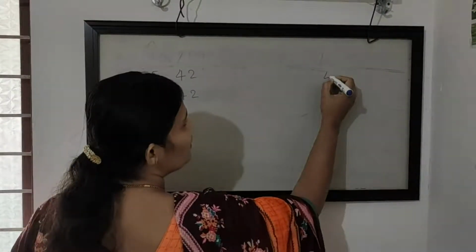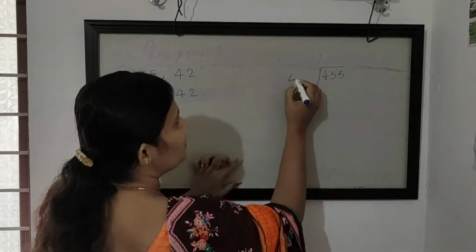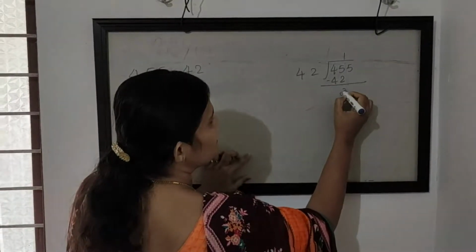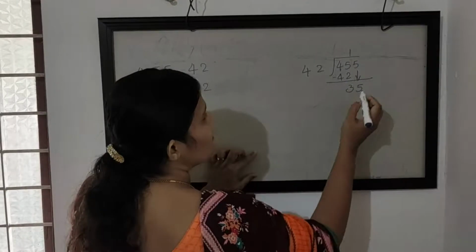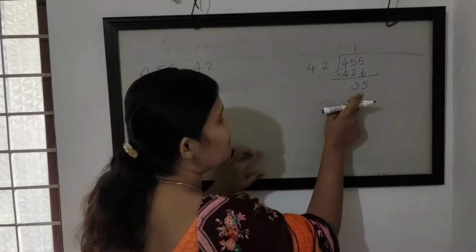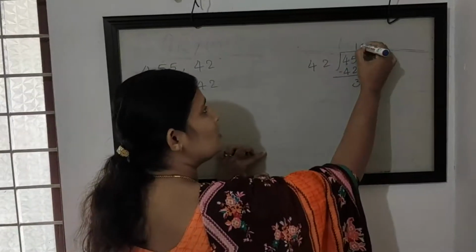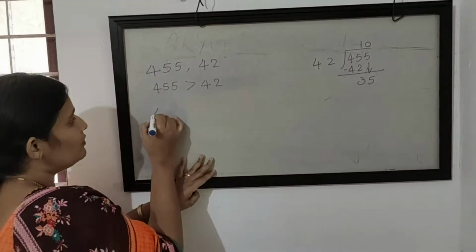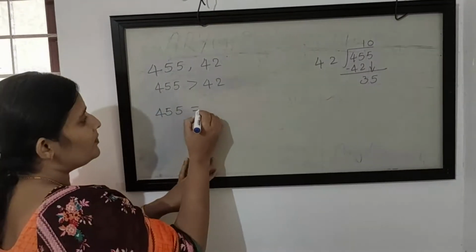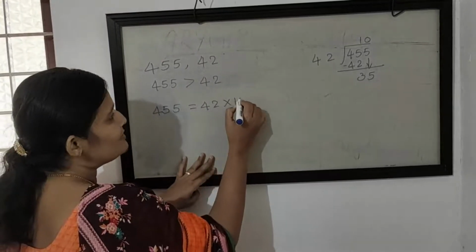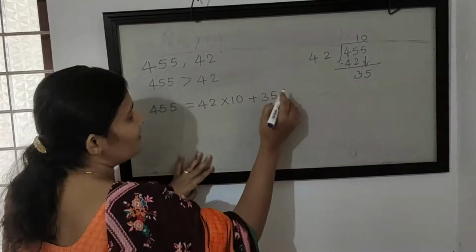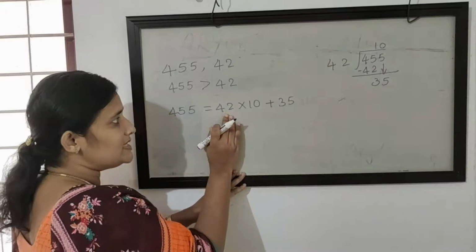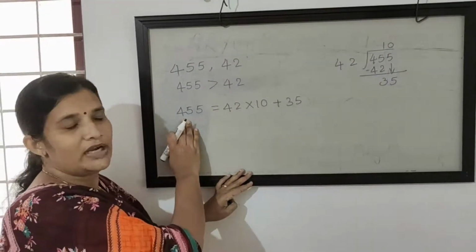When we divide 455 by 42, we get 35 as remainder. From 35 we cannot take 42. So 455 we can write 42 times 10 plus 35. 35 is the remainder, 10 is the quotient, 42 divisor, and 455 is the dividend.